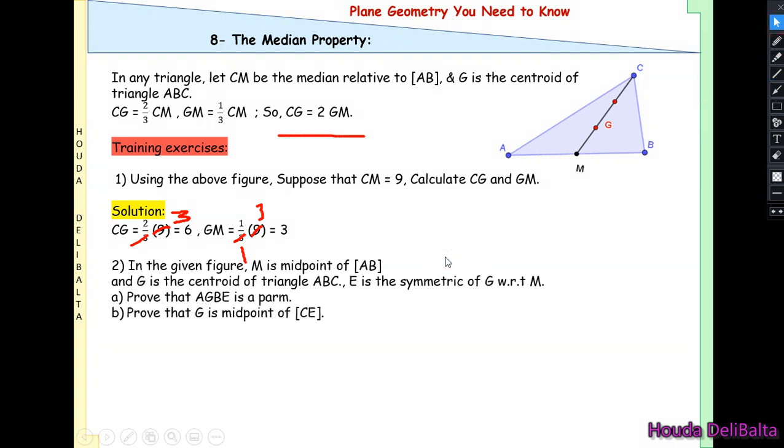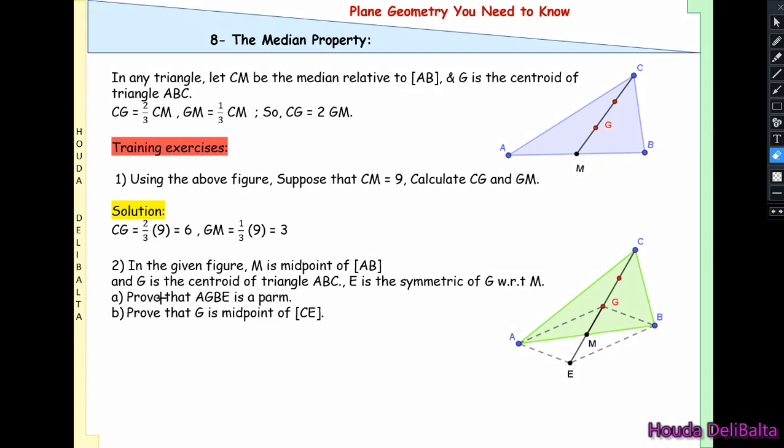Here is another training exercise. In the given figure, look at this nice figure. M is the midpoint of AB, and G is the centroid of triangle ABC that's colored in green. E is the symmetric of G with respect to M. That's the idea of symmetry.